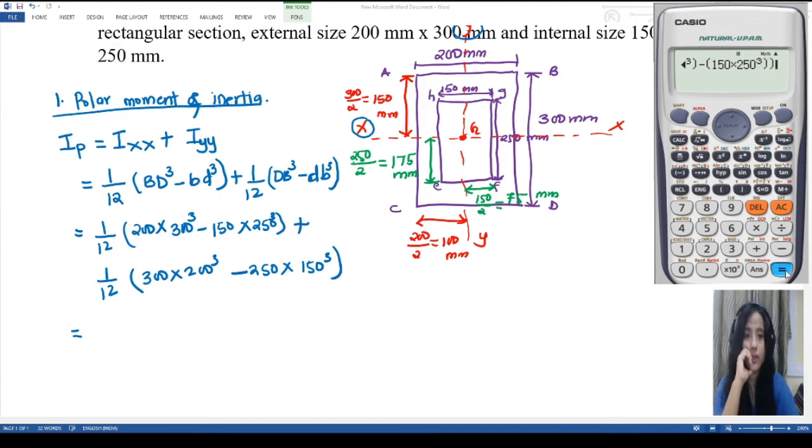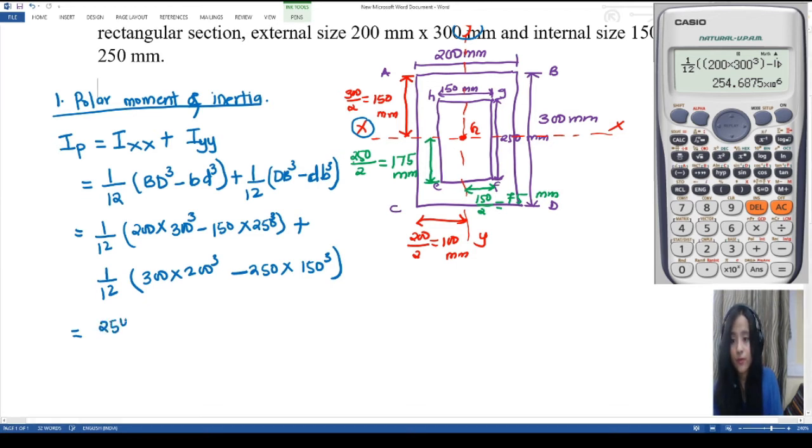Bracket close. So my Ixx is coming 254.68687, so let us round it off and make it 254.69 into 10 raised to power 6. So this is my Ixx. Let us find Iyy also.